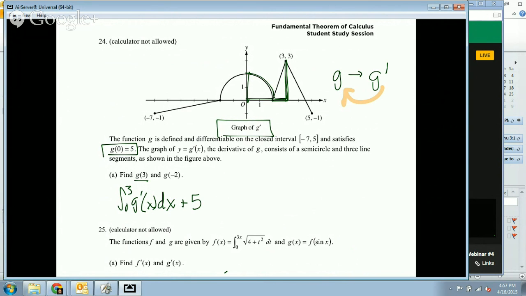So I have the quarter circle with a radius of 2, so that's pi times 2 squared over 4. And then I'm going to have to add my little triangle piece.